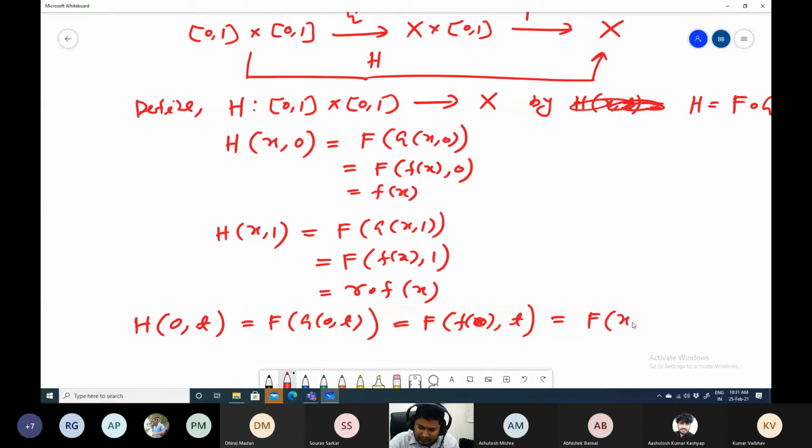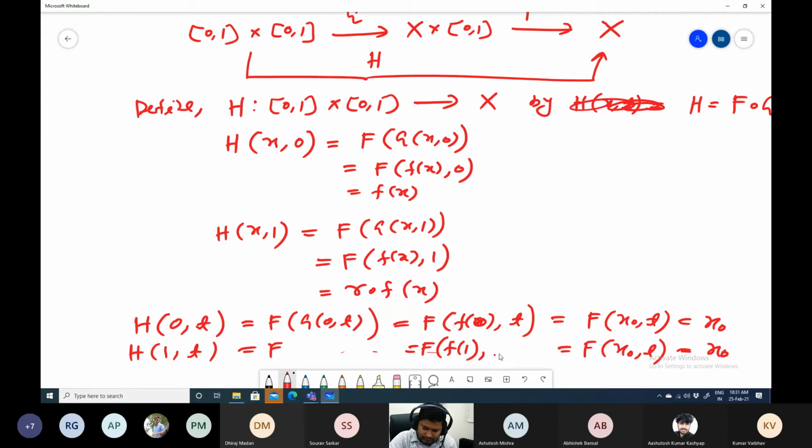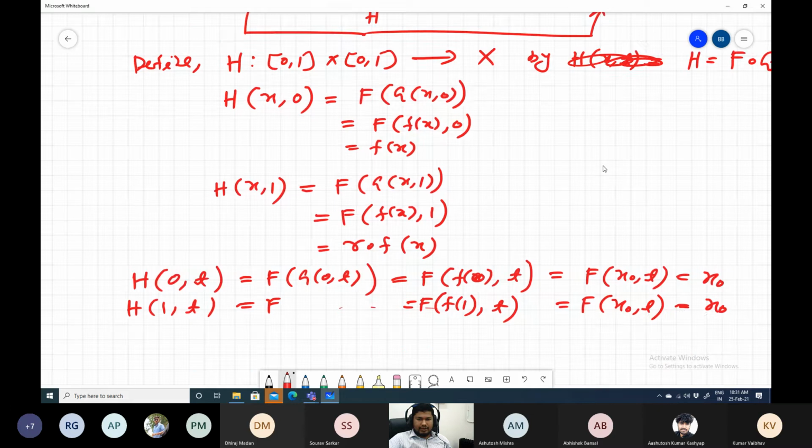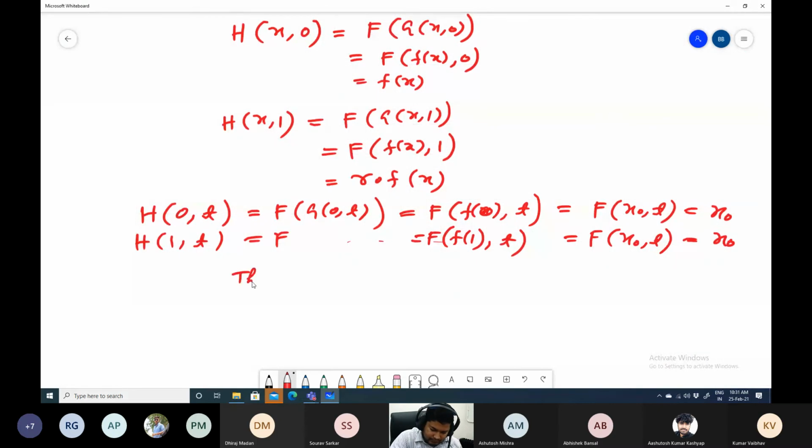Now f0 is x0, so x0 comma t is x0, since x0 is in A, and similarly x0 comma t is equal to x0. So we are done. Thus f is homotopic to R compose f.